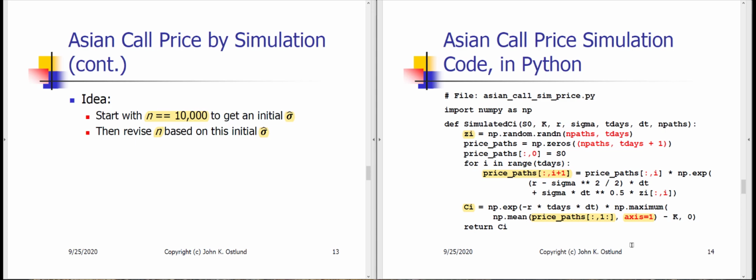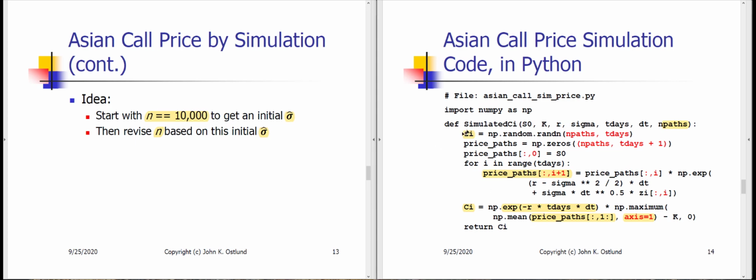What we want is the mean over all of the days for individual paths. So we will get back an ndarray containing the n discounted payoffs from those n paths. In this case, this is actually an argument called n paths.